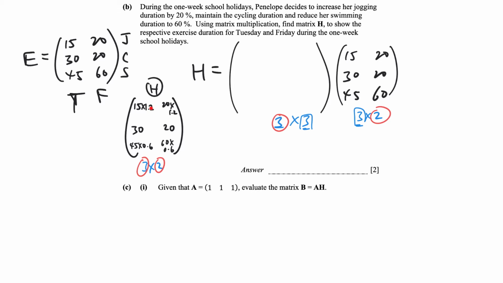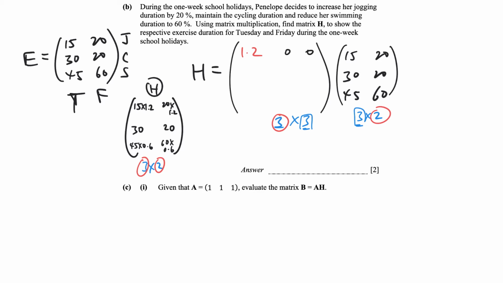To get this number here, first row, first column, I just need 15 times 1.2. That tells me that definitely here it has to be 1.2, so that I get 1.2 times 15, which is what I want. And that's all I want. I don't even want the 30 or 45. So actually it means this must be 0 and 0.